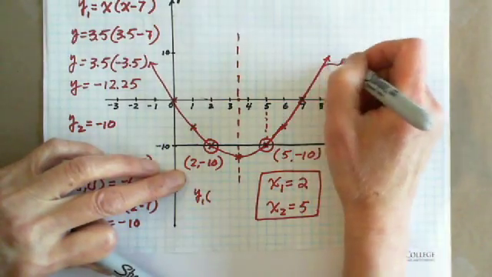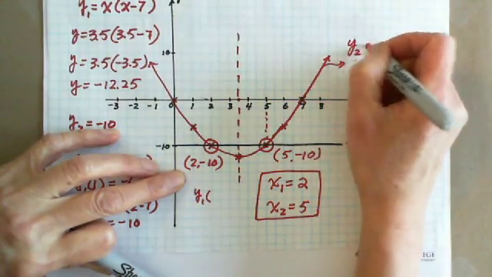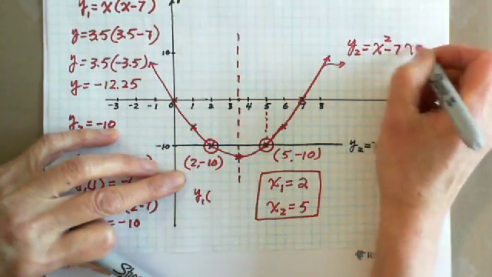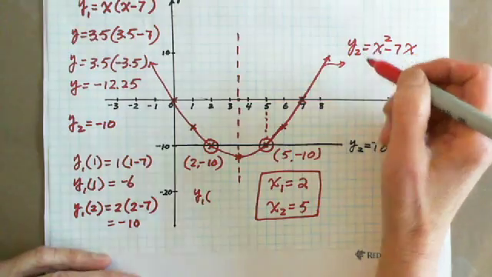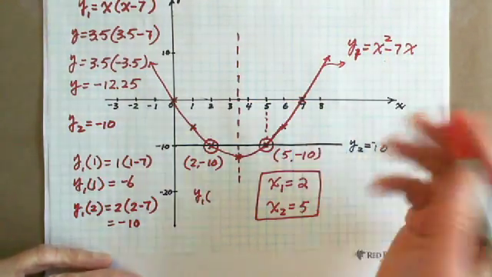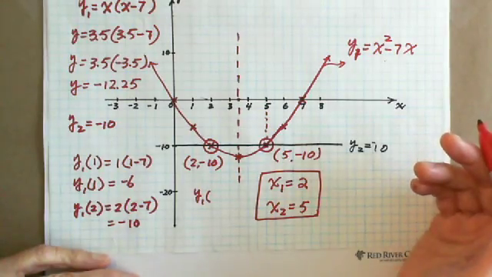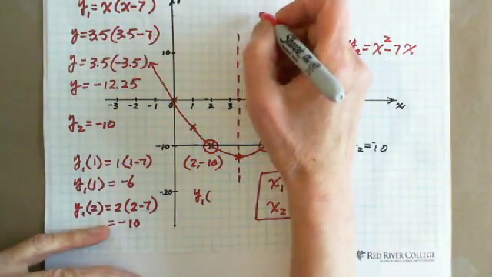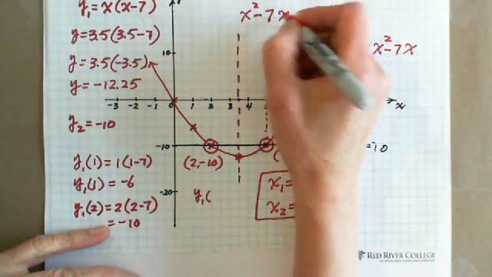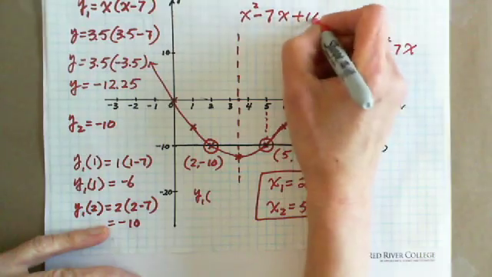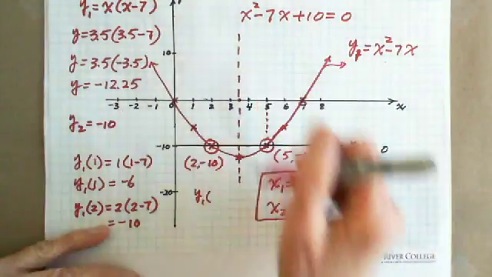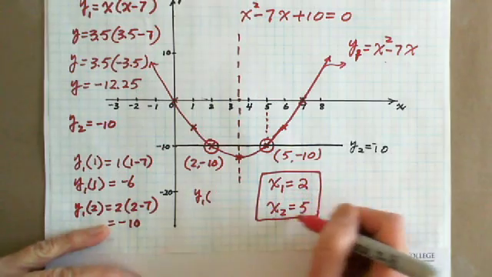So this is y1 equals x squared minus 7x, and y2 is negative 10. When y1 equals y2, it is our quadratic equation, x squared minus 7x plus 10 equals 0, right? So the solution is x1 equals 2, x2 equals 5.